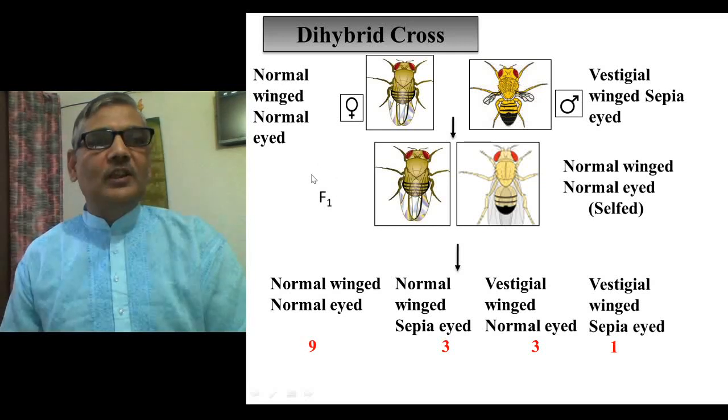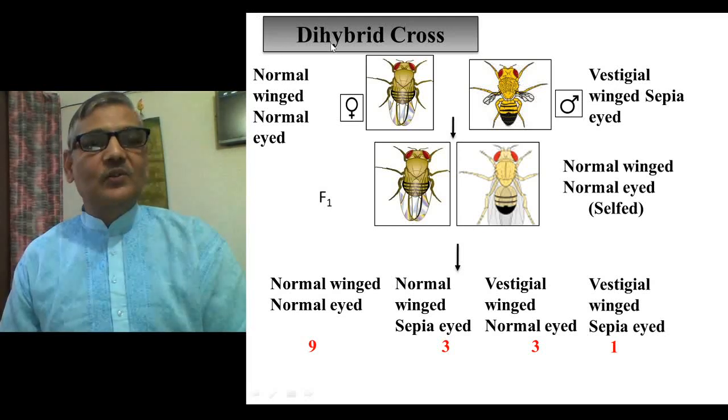Likewise, we all know that Mendel also performed dihybrid crosses in which two characters were considered, and each character was represented in its two contrasting forms. So you can say two pairs of features were considered.